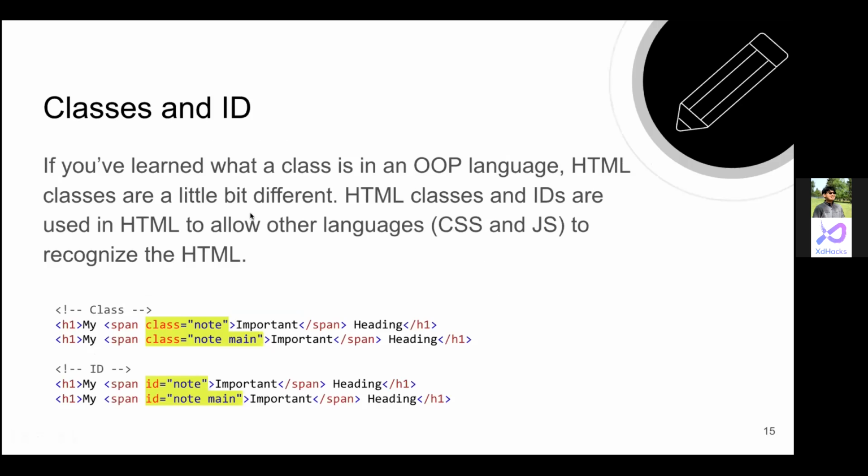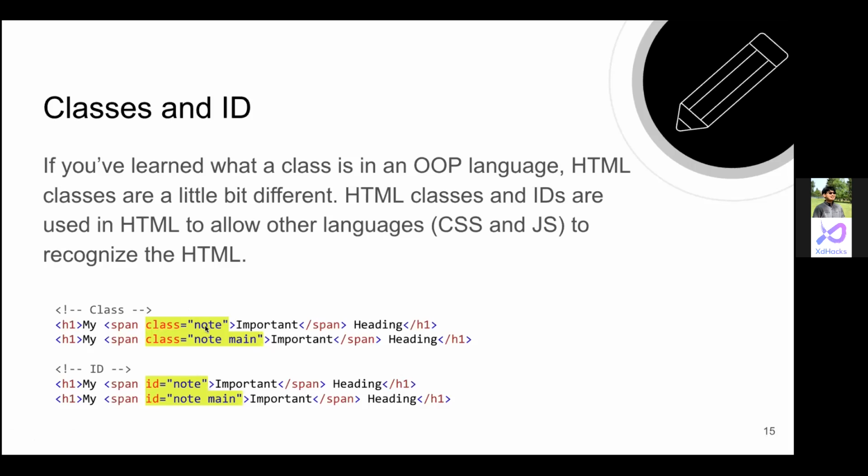So we're going to classes and IDs. And if you've learned what a class is in an object-oriented programming language, HTML classes are a little bit different. HTML classes and IDs are used in HTML to allow other languages like CSS and JavaScript to recognize HTML elements. For instance, you have a class here, H1 class, H1, and then you have a span here. This is just another element.